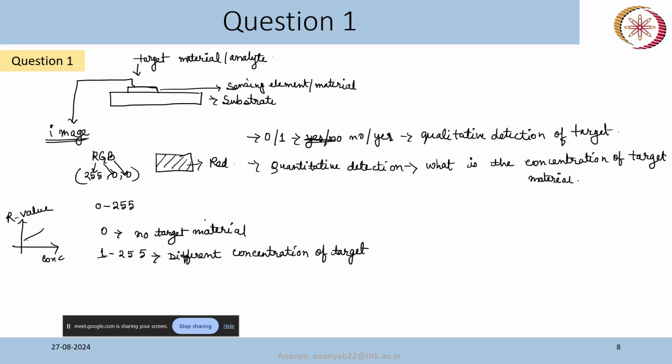Now you can do a quantitative detection using this kind of sensing arrangement. Instead of this indirect sensing, if you use direct sensing, just looking at the color of the top part of the sensing element and determining whether the target material is present or not, that will give you a qualitative detection of the target material, not quantitative. You cannot quantify the concentration easily just by looking at it.